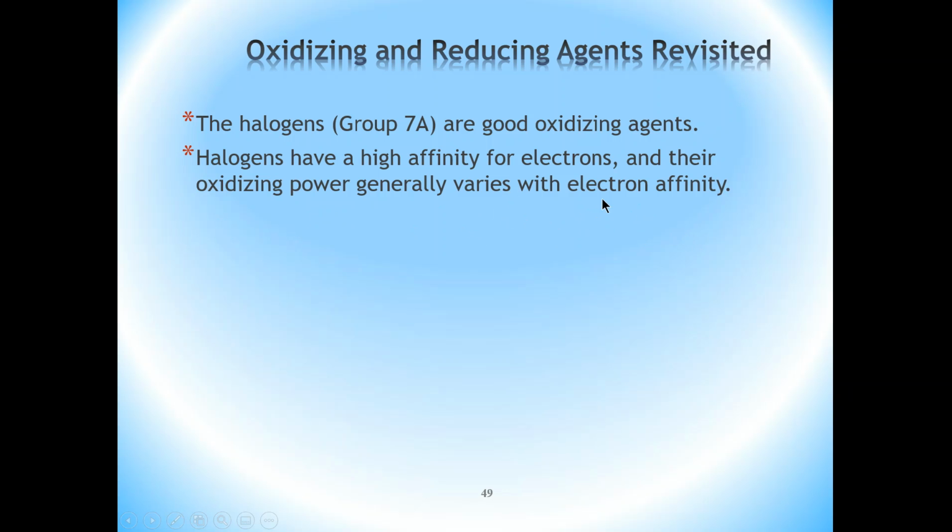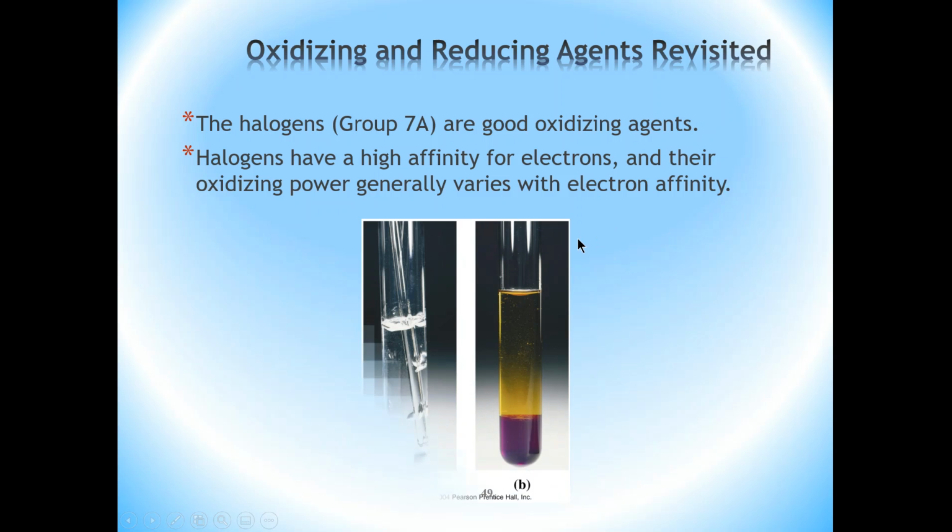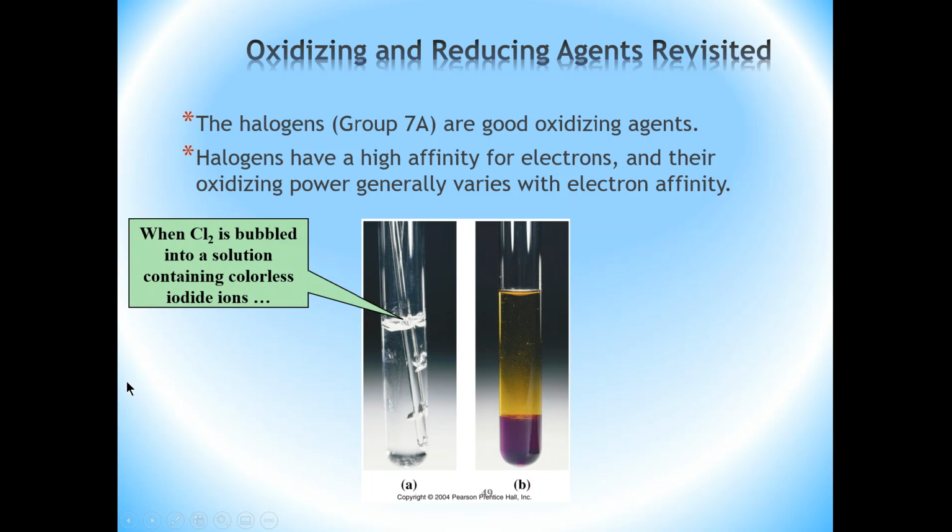And when I say higher electron affinity, I'm talking about the more negative the value is. If you remember, the electron affinity values are typically negative. What you'll find is that the oxidizing power increases as you go from bottom to top of the periodic table. That can be demonstrated with the reaction being shown in these pictures right here. What is being shown here is a test tube filled with iodide ions.